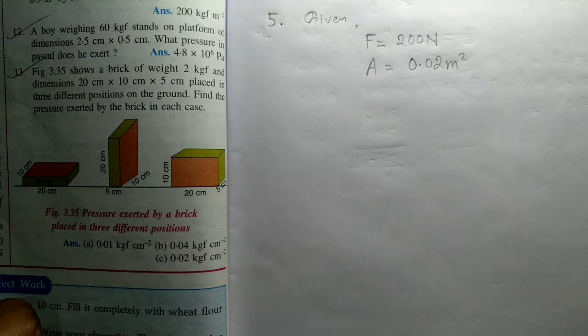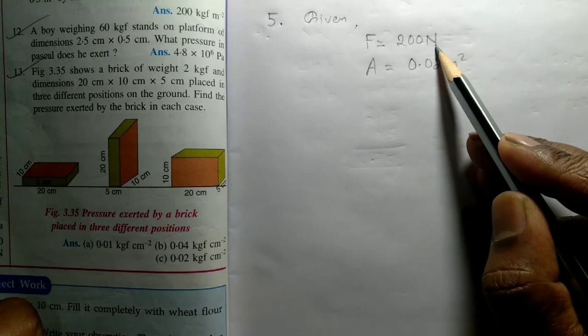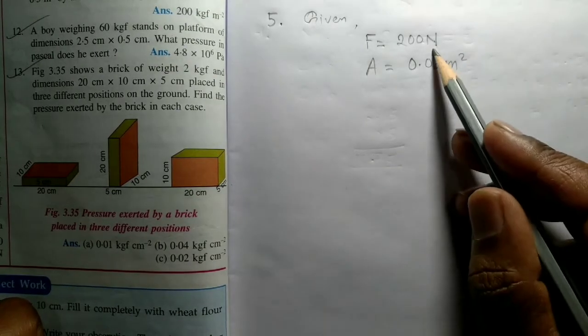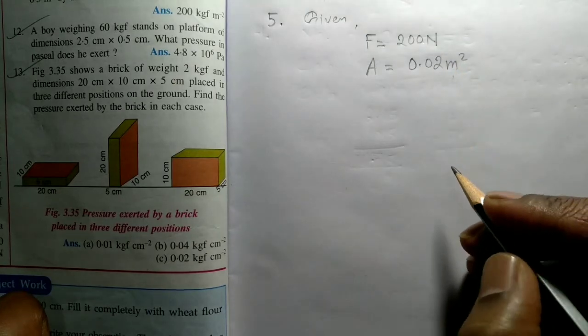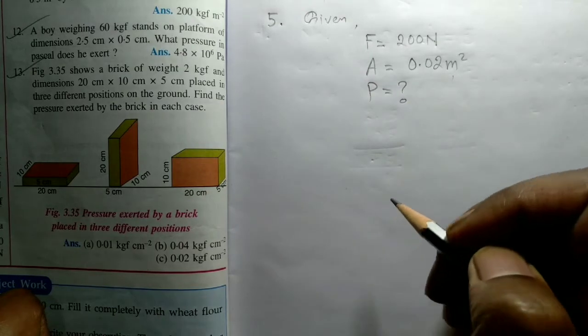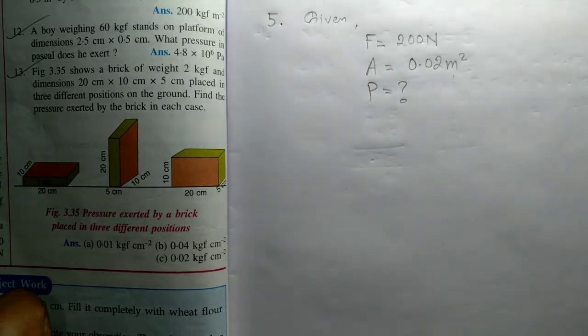Here same means whether they are in the SI unit or CGS unit. So Newton is the SI unit of force, meter square is the SI unit of area. Therefore, I don't have to convert these units. So I'm supposed to find pressure. I don't know the value of pressure because the question says find the pressure in Pascal.